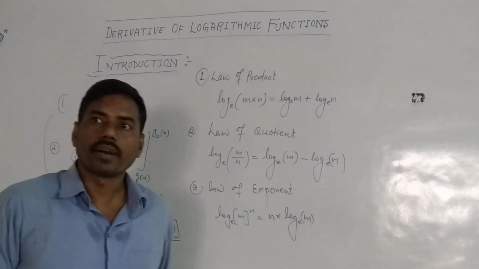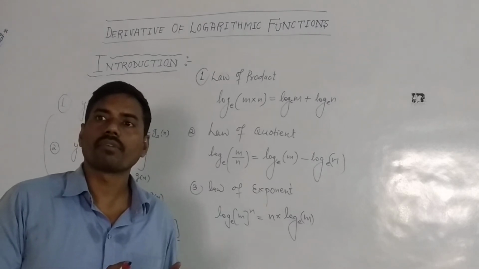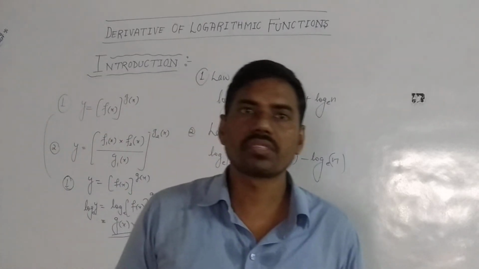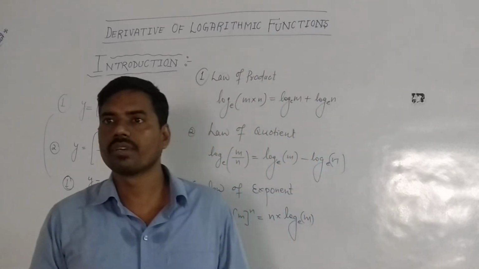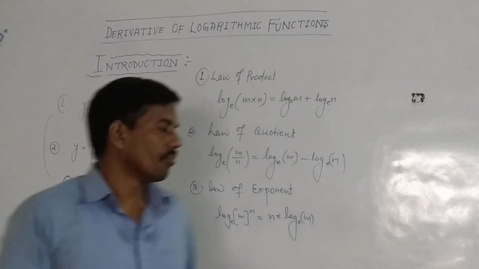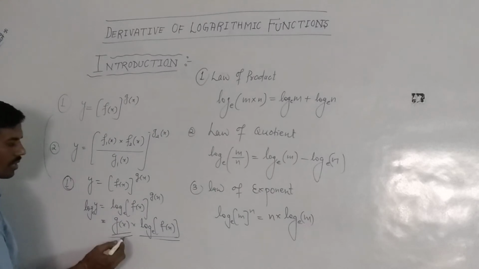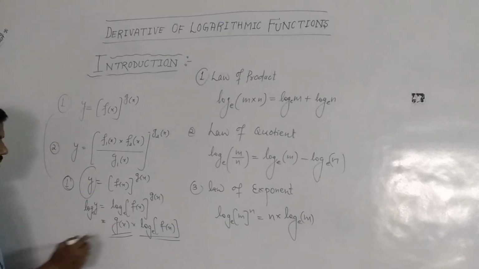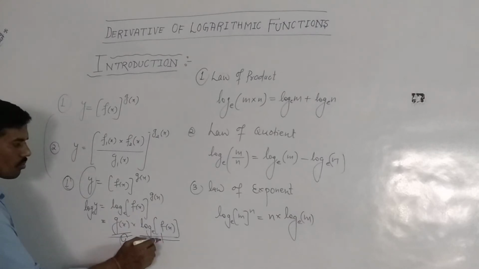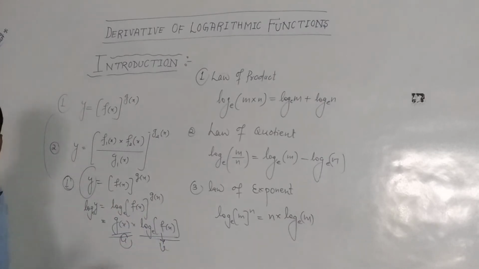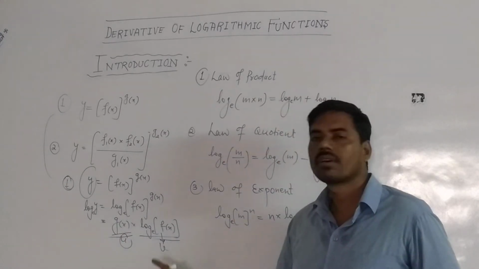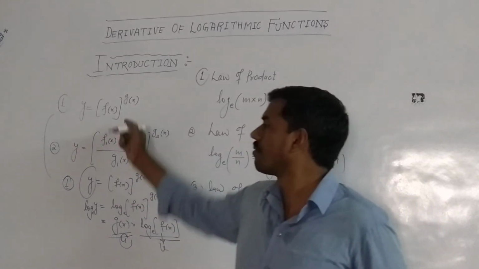After using the derivative of the product rule, d/dx of u into v, we get the derivative of y. This one is u, this one is v. Okay, clear? So we get a simplified form of the given function.